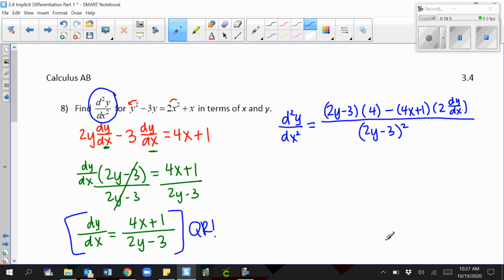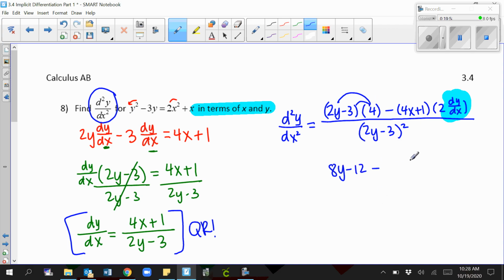But we're not done here because it says in terms of x and y, which means I cannot have that dy dx there. So what I'm going to do is I'm going to plug in my dy dx. I know it's equal to 4x plus 1 over 2y minus 3, so I'm going to plug that in right there. So while I'm doing that, I'm going to go ahead and simplify. 4 times 2y gives me an 8y. 4 times a negative 3 is minus 12.